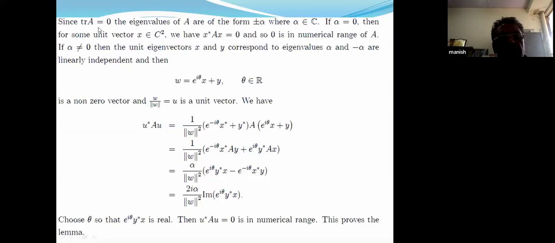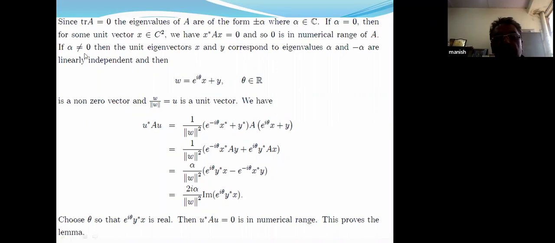Now, since trace A is 0, its characteristic polynomial is of the form x square minus trace A x plus determinant of A, which is 0. So its eigenvalues are of the type alpha and minus alpha.